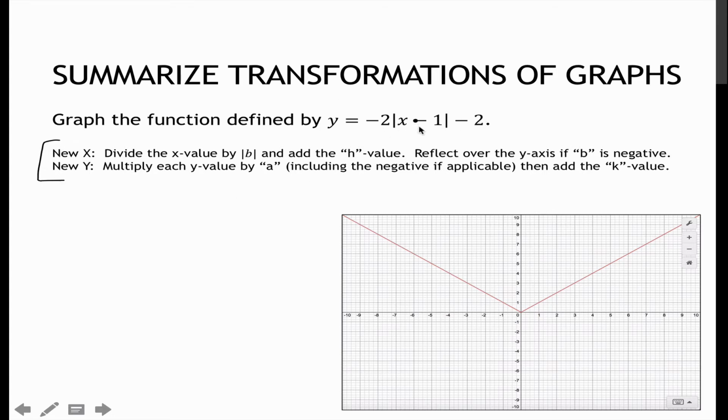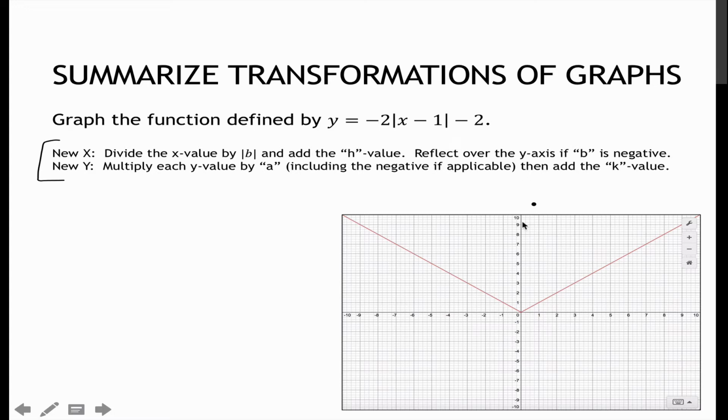But looking at this, I can see that each of my values should be shifted one to the right, 2 down, and then of course this -2 is because it's the a value, will reflect it over the x, and also that 2, because it is greater than 1, it's going to stretch the graph.